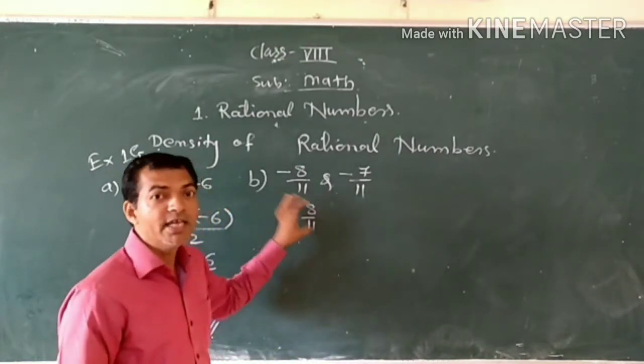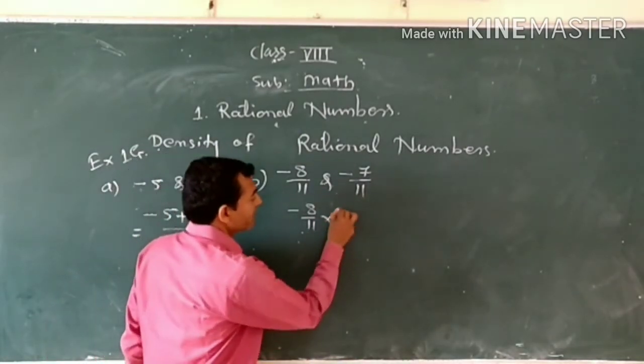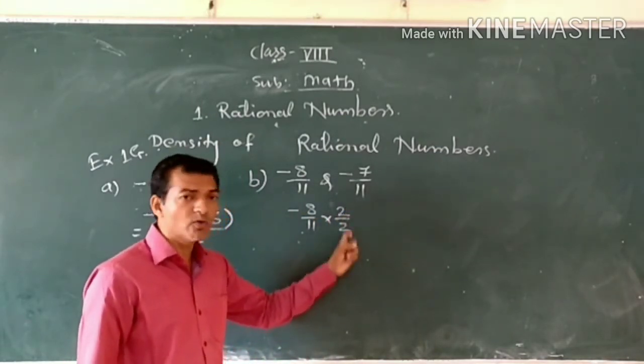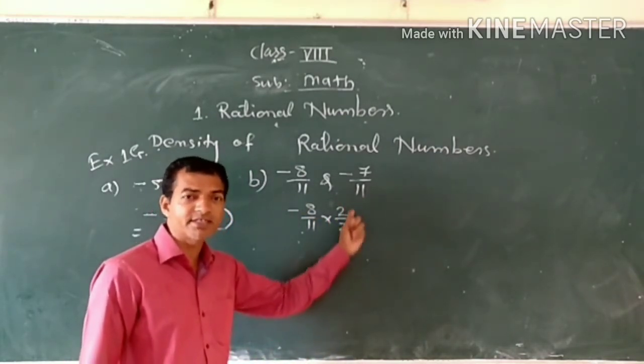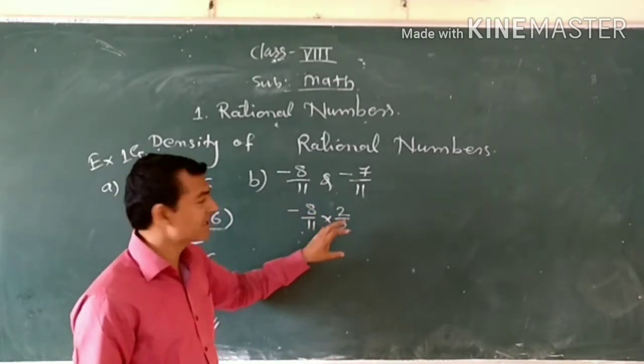You have to write the equivalent fraction of each. For the equivalent fraction you can multiply like this, by 2 by 2, or 3 by 3, 4 by 4, 5 by 5, 6 by 6. Any number you can consider here. So a simple number is 2 by 2.